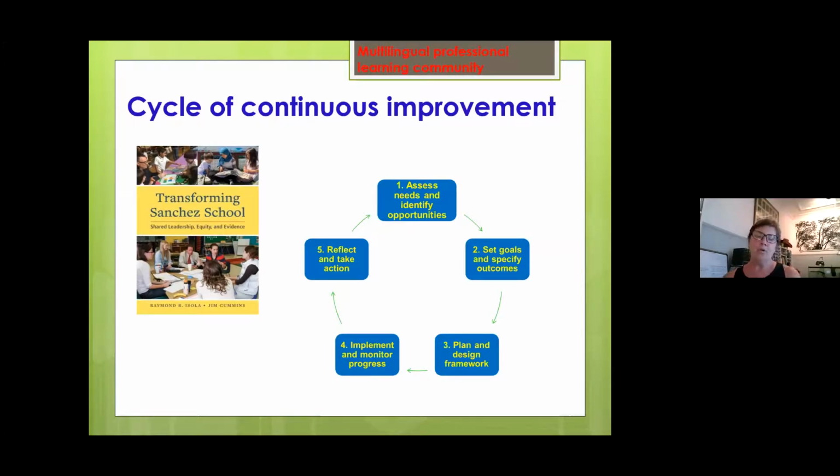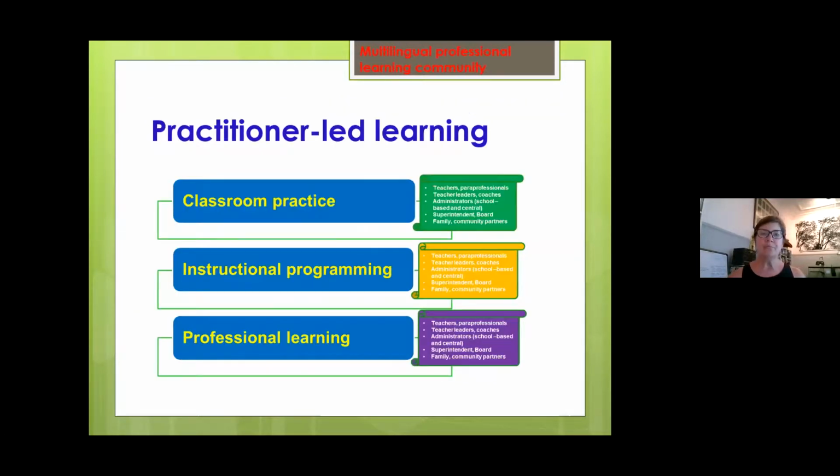The professional learning community can implement and monitor progress, and then at each of the sessions you come back to, you can share evidence of student learning or of classroom practices, reflect on it with your colleagues, and then decide how to take action and what new needs you might have.